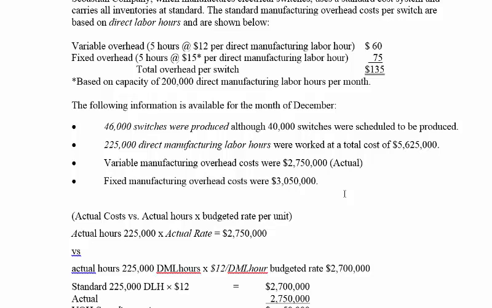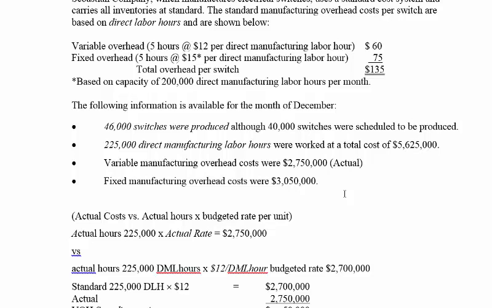Okay, so their variable overhead is 5 hours per unit, and that's direct labor hours at $12 per direct manufacturing labor hour for a total of $60. And then their fixed overhead, 5 hours again, at $15 per direct manufacturing labor hour for a total of $75.